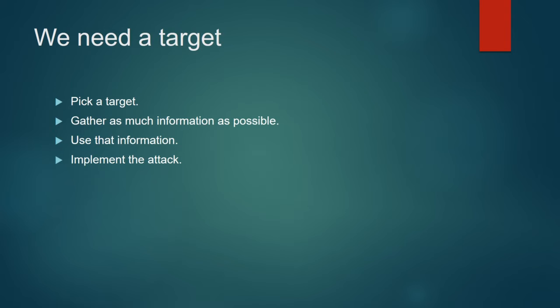So now we have to choose a target. As I said before, social engineering attacks are towards people. They are not towards the machine. They are not towards the web application. They have nothing to do with firewalls. They have nothing to do with different requesting parameters. They are attacks towards people.